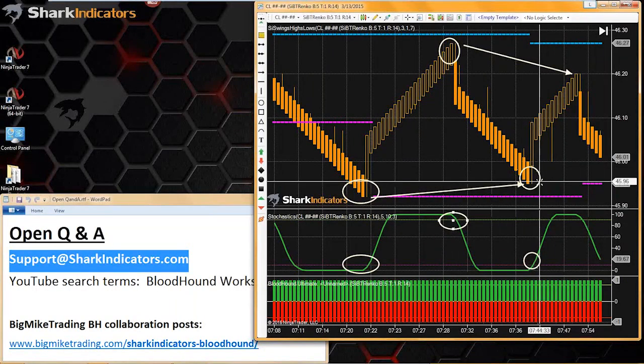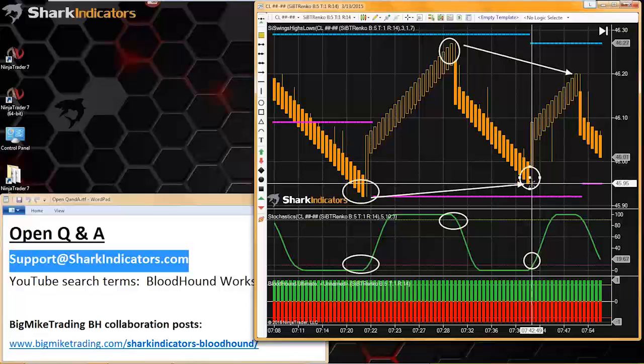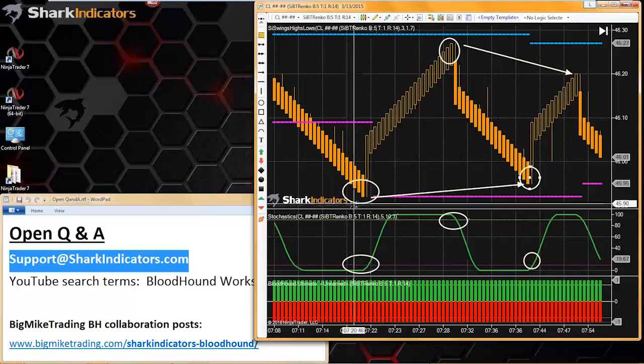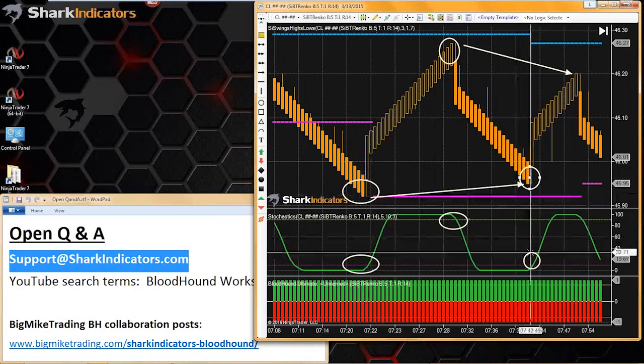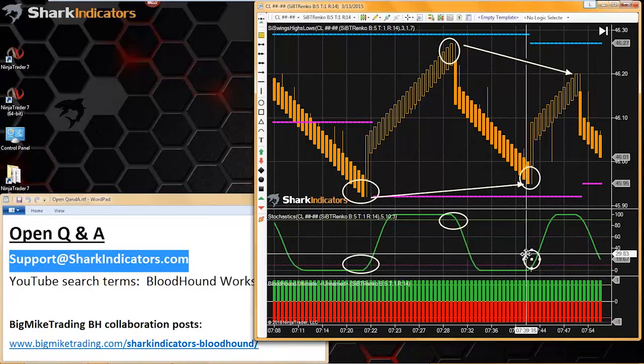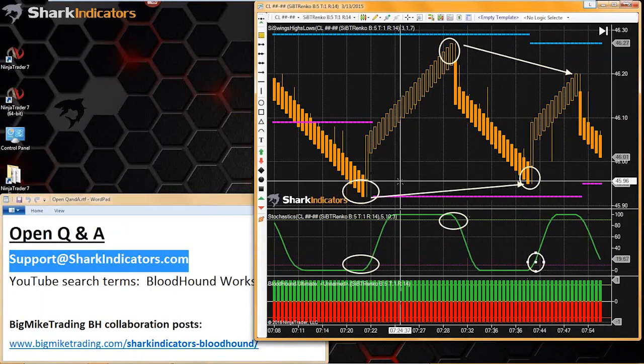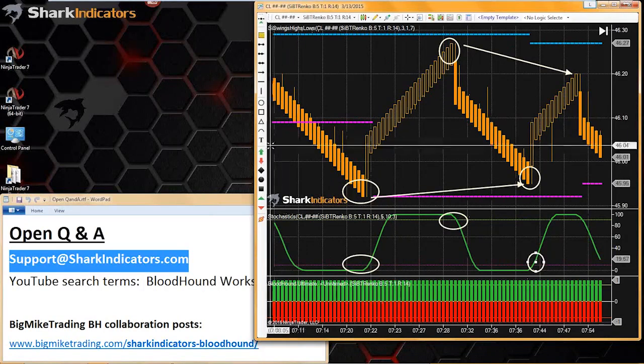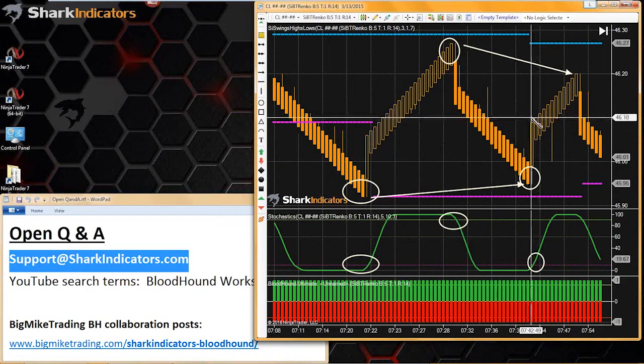Then the third swing point, or the third condition, we're going to make sure that this is a higher low than the previous low point, and also make sure that the stochastics gets into the oversold territory as well. So our final signal that we want is going to be on this reversal bar here.